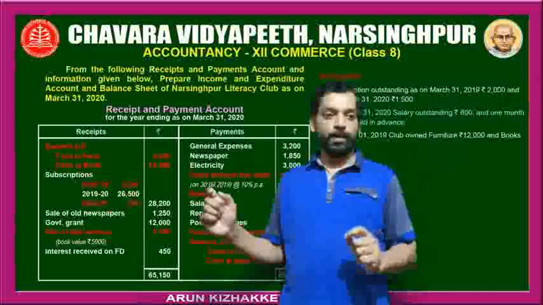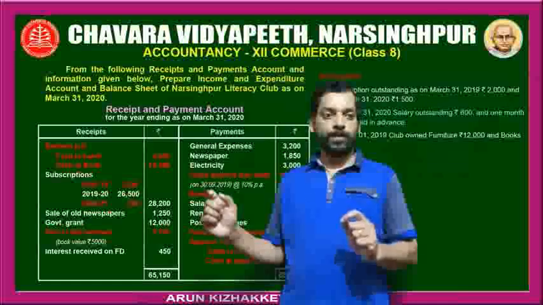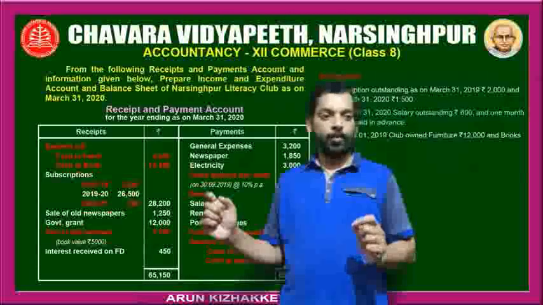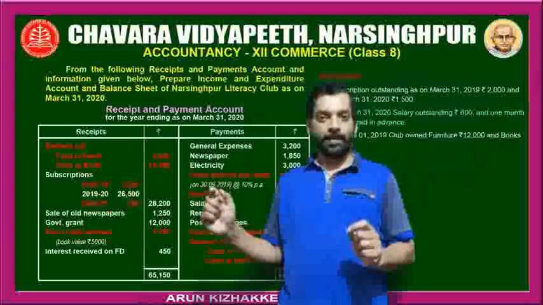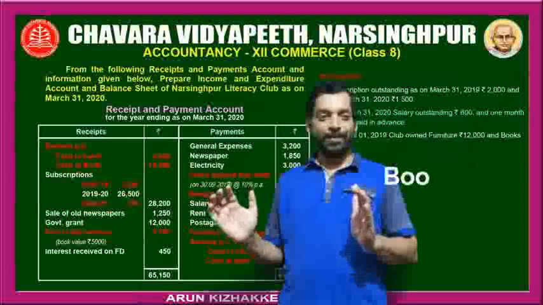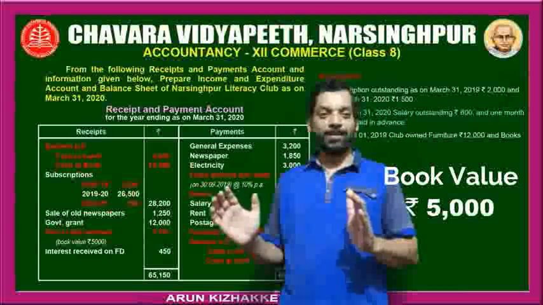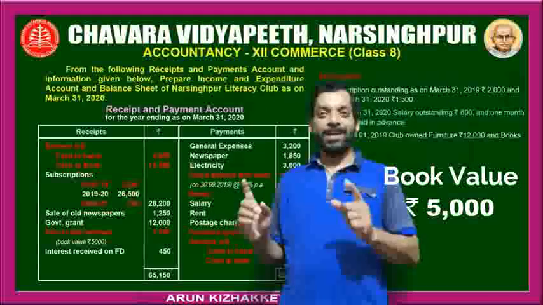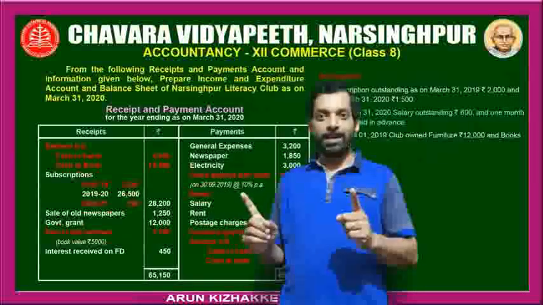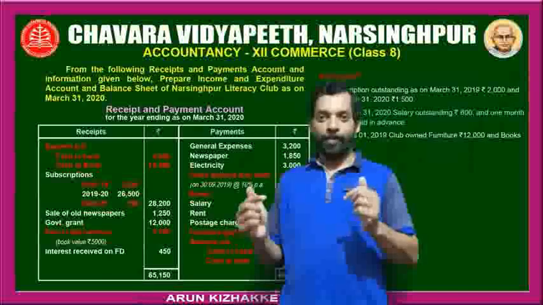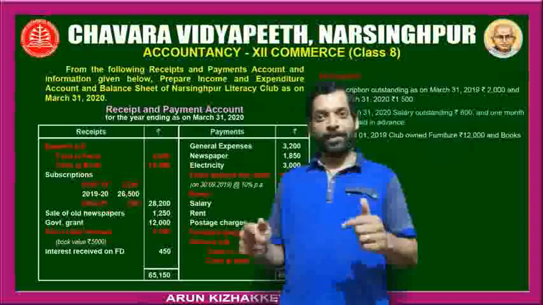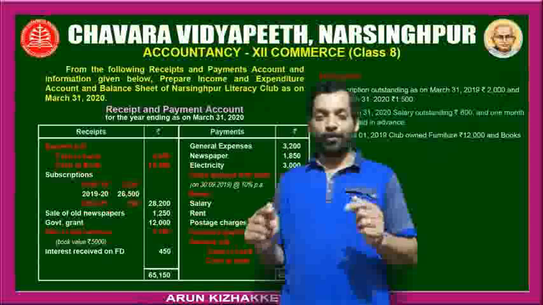Sale of old newspapers 1,250. Government grant 12,000. Sale of old furniture, amount given 3,700. But see in the amount you can see book value rupees 5,000. What does it mean? Means old furniture balance sheet value was 5,000. Because it is old, you cannot sell it for rupees 5,000.